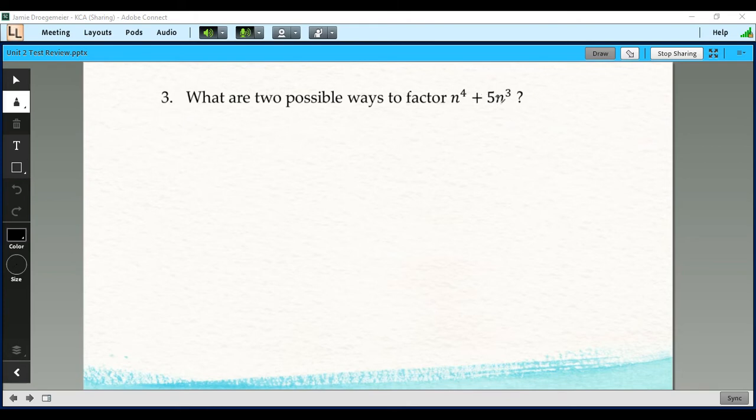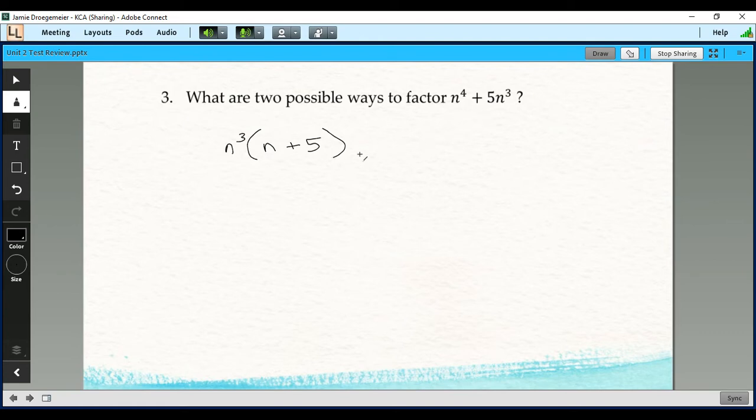One has an exponent of 4, one has an exponent of 3, so I could factor out n to the third. And if I do that, n to the fourth divided by n to the third leaves me n to the first, or n, and then 5n to the third divided by n to the third is just 5. So n to the third times n plus 5, that would be one factored form.